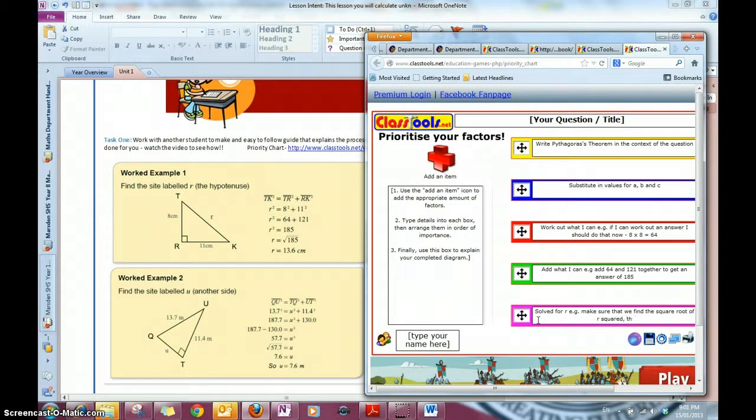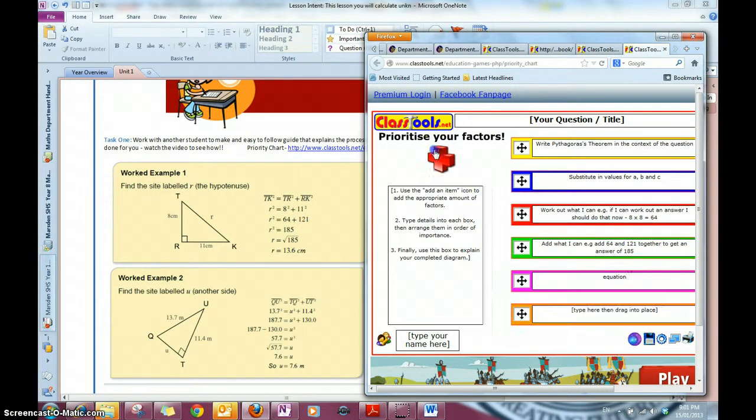Thus find the square root of the right side of the equation. Cool. It doesn't really fit very well, does it? We'll come back and see if that works later on. I'll have to make it a bit shorter. And then, last thing, calculate our answer.